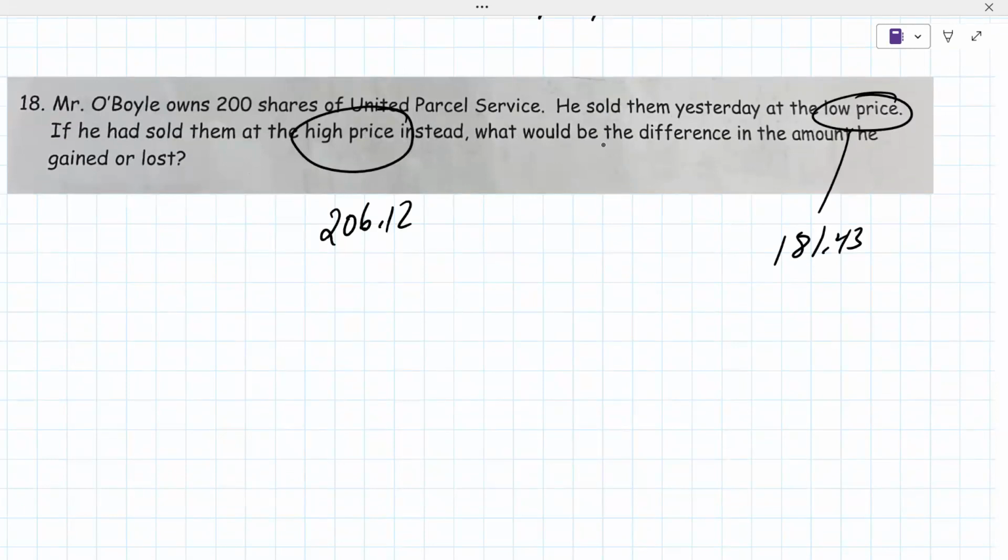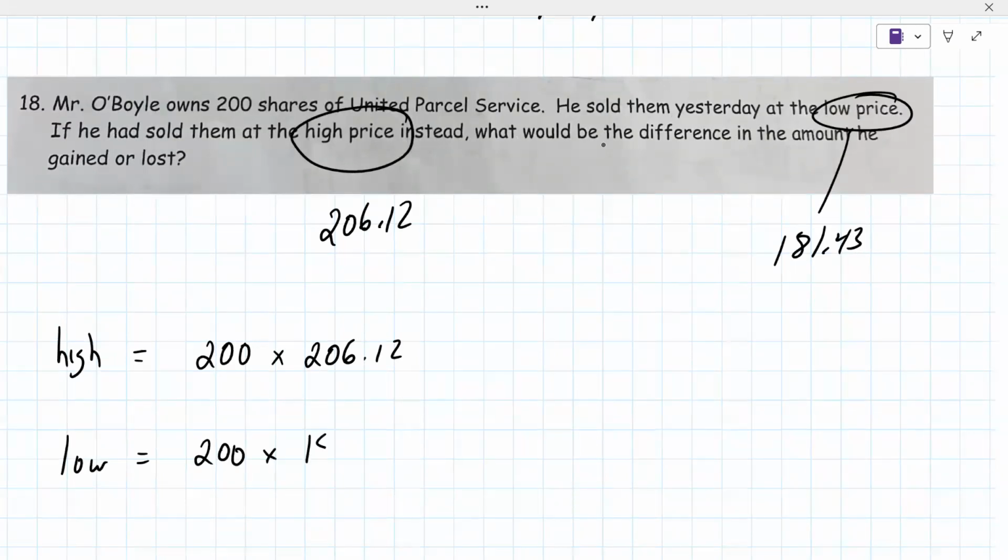Right, so you have to figure out, let's say he did the high. The high is 200 times 206.12. The low is the same number of shares, but times the low price here. So we need to get the high and the low price, and then subtract the difference.